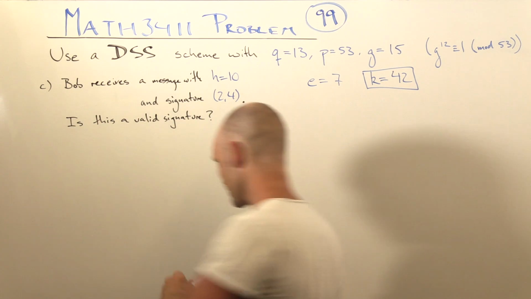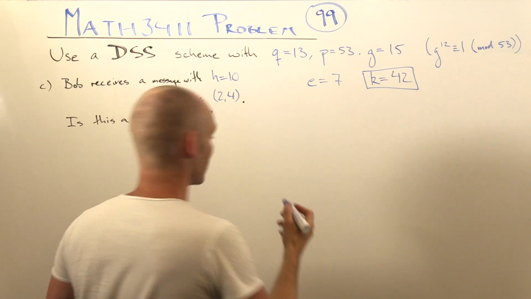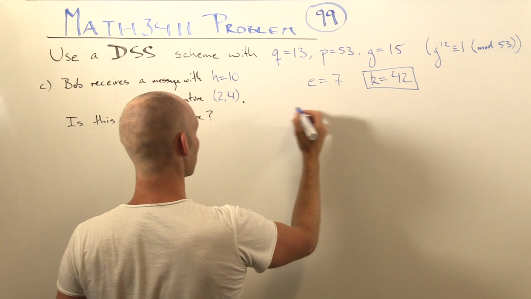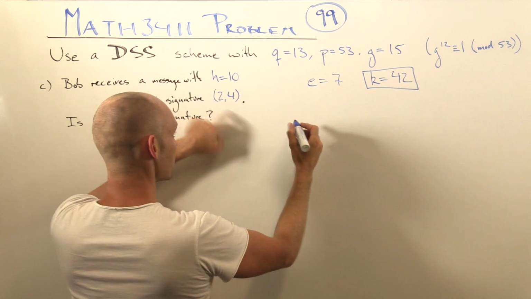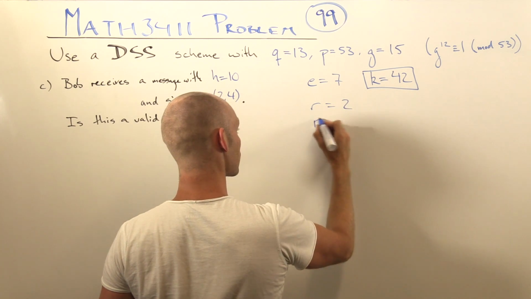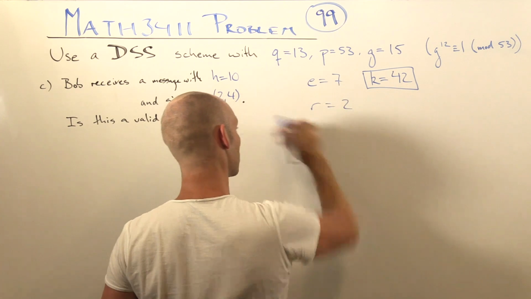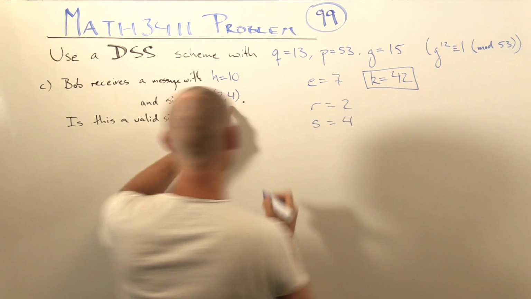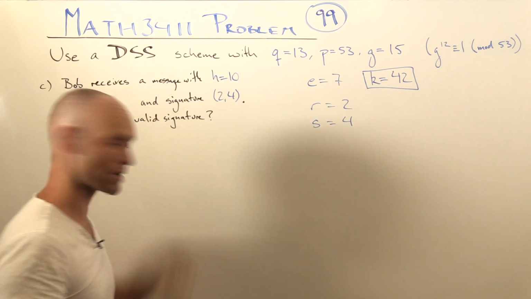Again, we have to find quite a few values in this part of the solution. So here, R and S, we have some values there. R is equal to 2, S is equal to 4 here, and then we've got H is equal to 10.